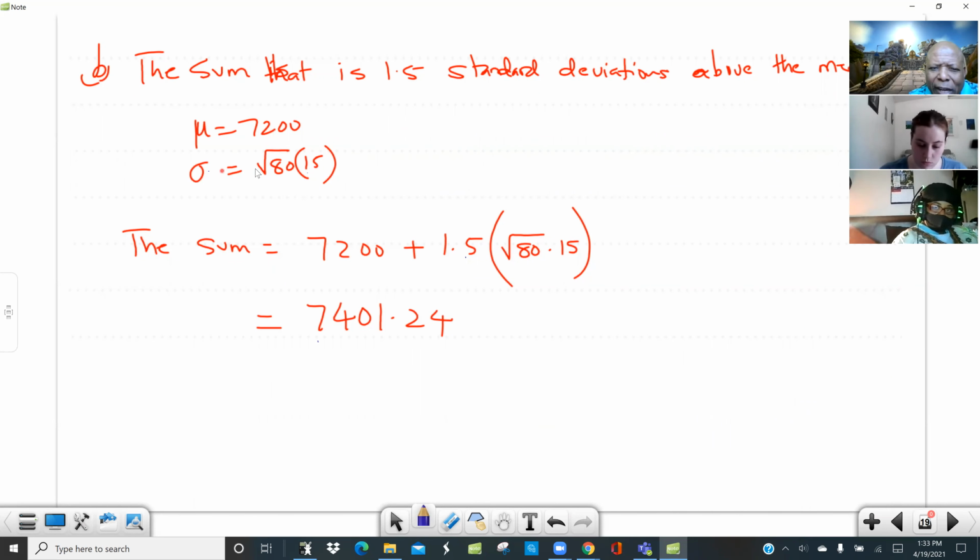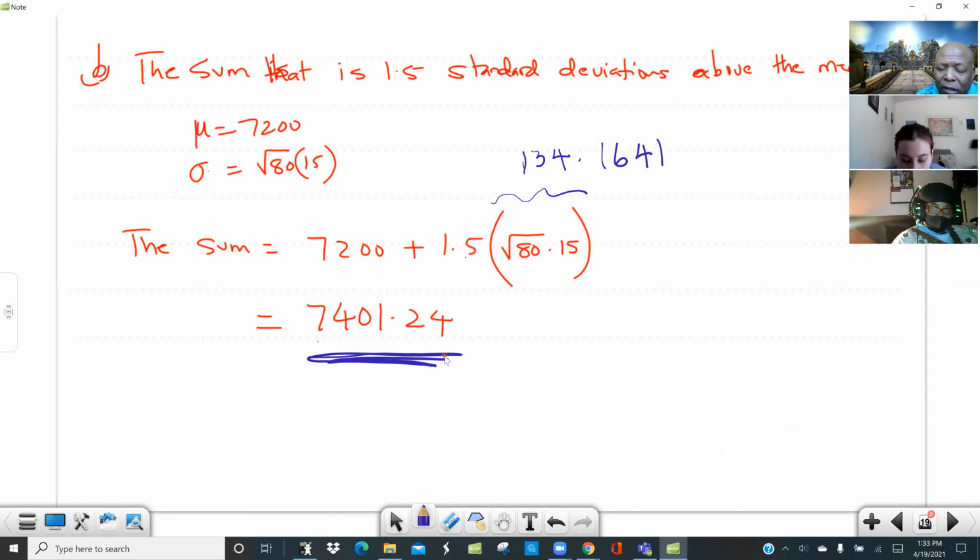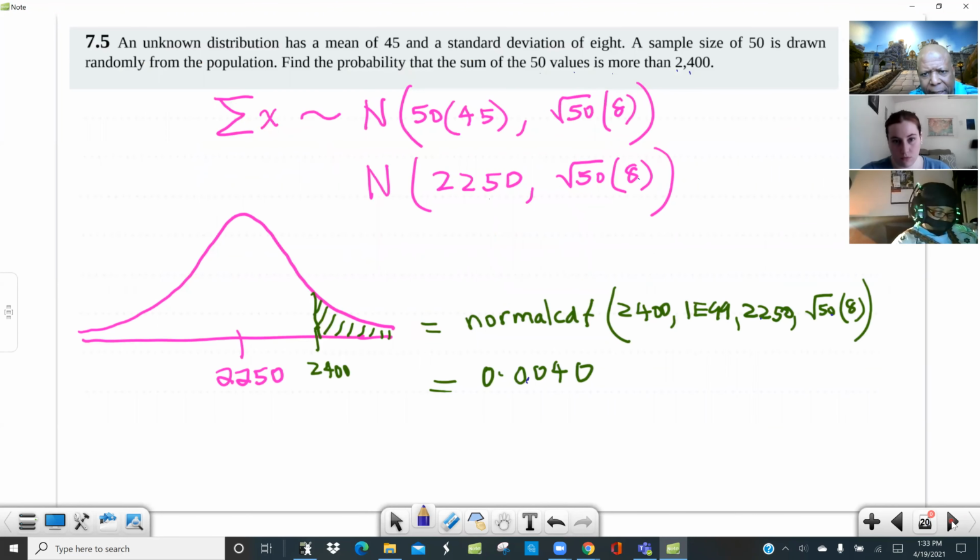So what we do, I multiply the standard deviation, 134.1641, by 1.5, and then you add it to 7,200, you end up with 7,401. So this value, 7,401, is 1.5 steps from the mean, where a step is measured as 134.1641.